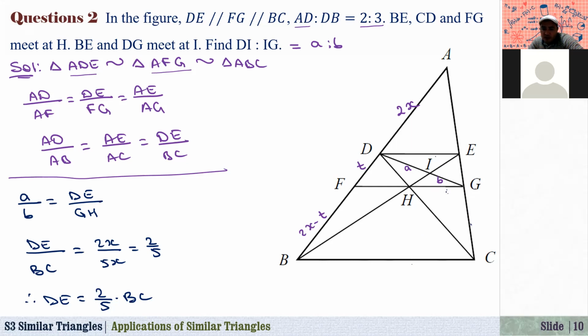BC over GH is equal to 2x minus T over 2x. If I continue here, DE equals 2 over 5 times BC.